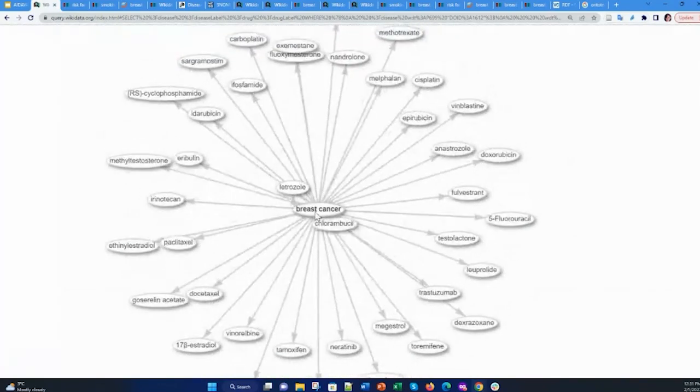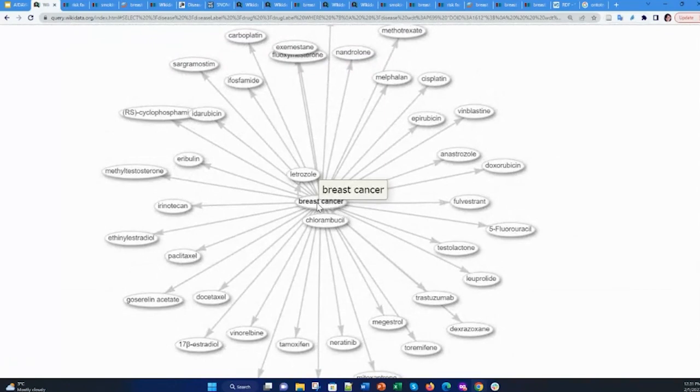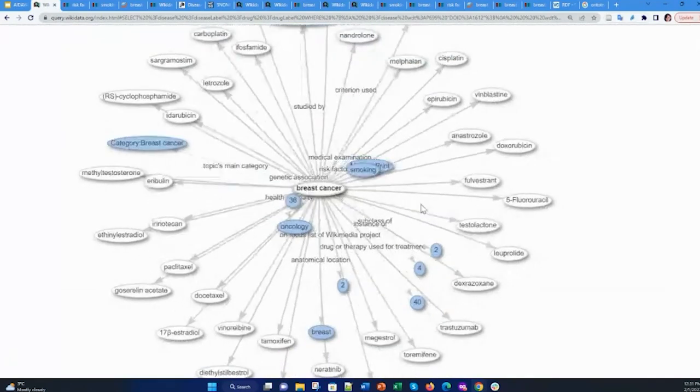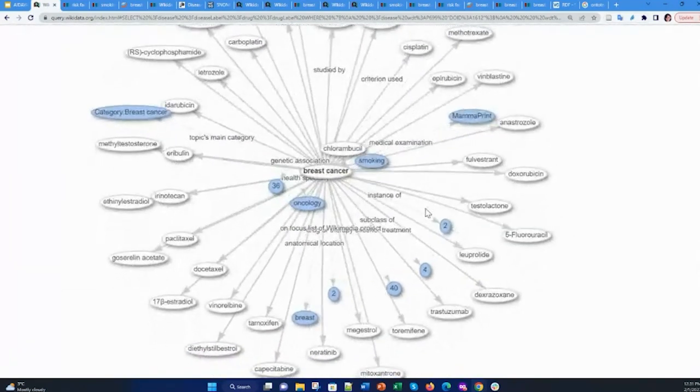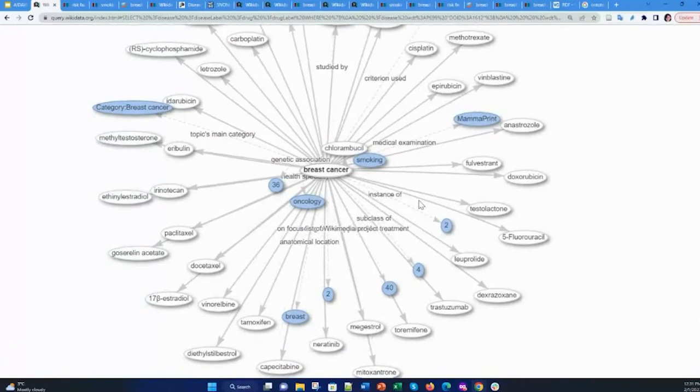Here is our core concept, breast cancer, with all its description, information related to medical examinations, classes, subclasses, and all these white ellipses correspond to different drugs used for breast cancer treatment, which are recorded in our knowledge graph.